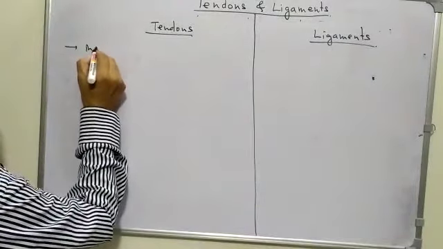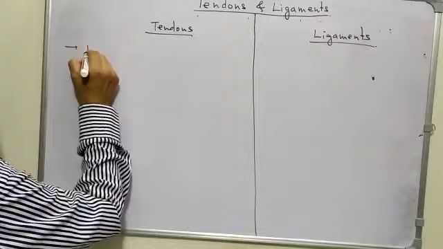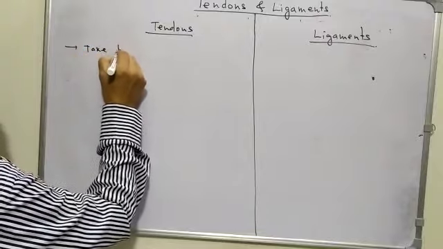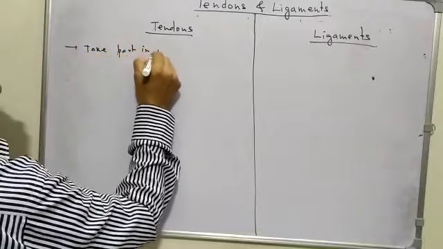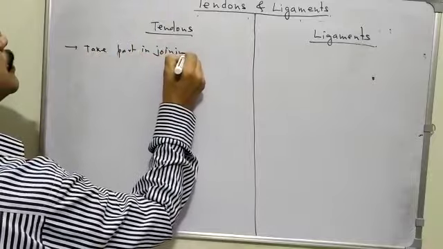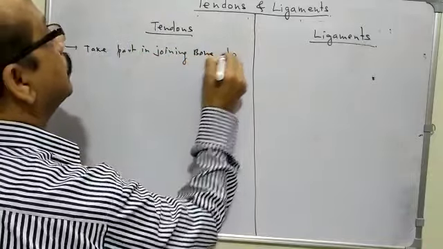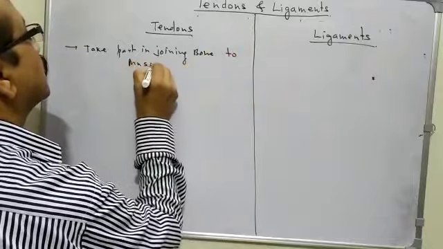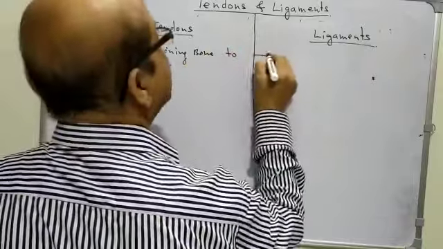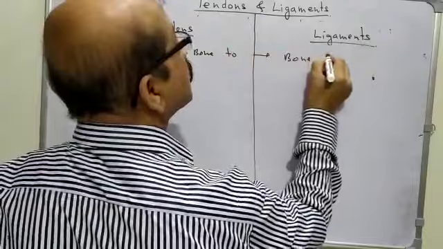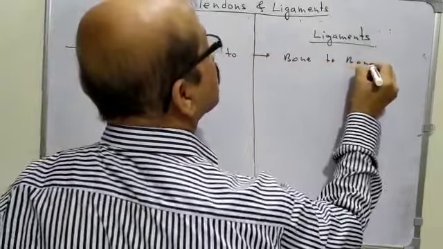Tendons take part in joining bone to muscle; ligaments join bone to bone.